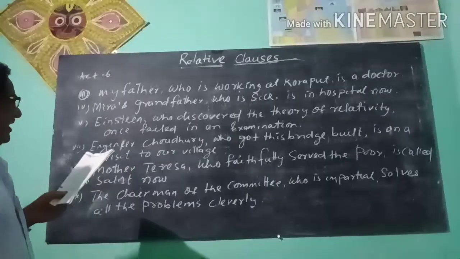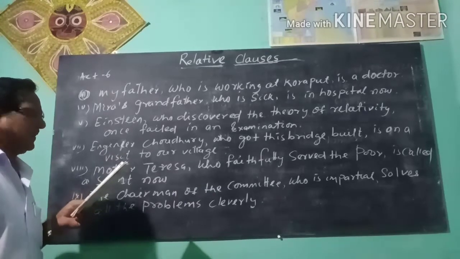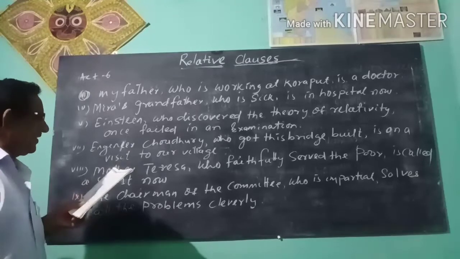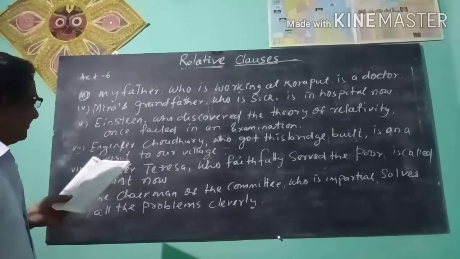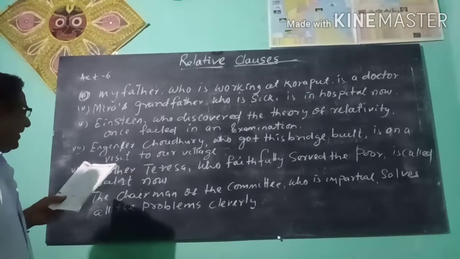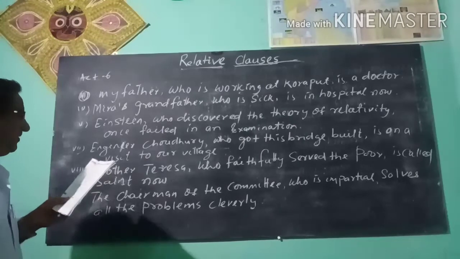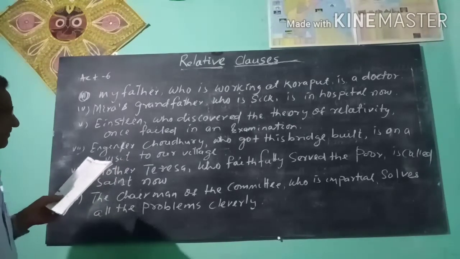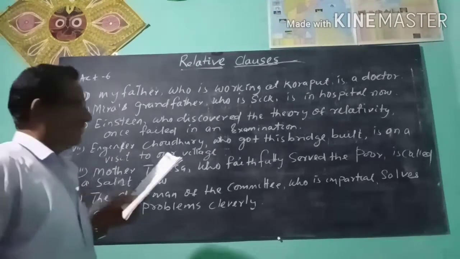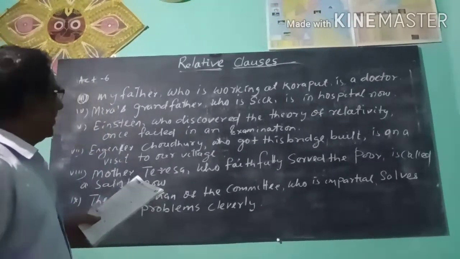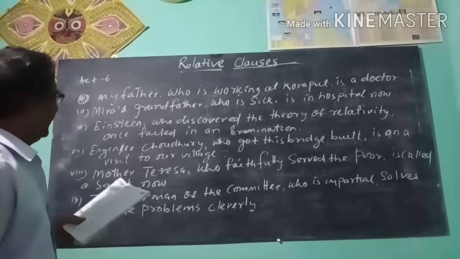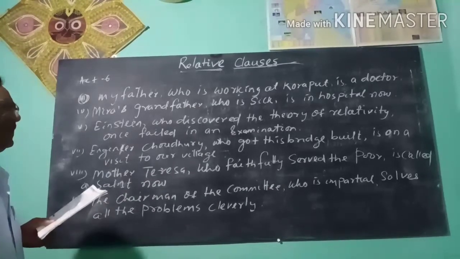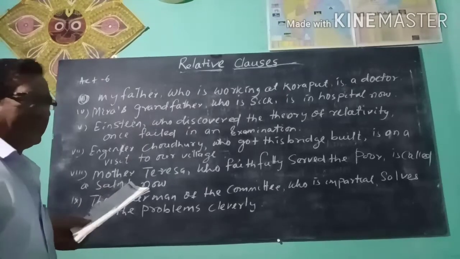So students, now you see activity 6. There are 9 sentences in this activity. Some of them are non-identifying relative clauses and some of them are identifying relative clauses.